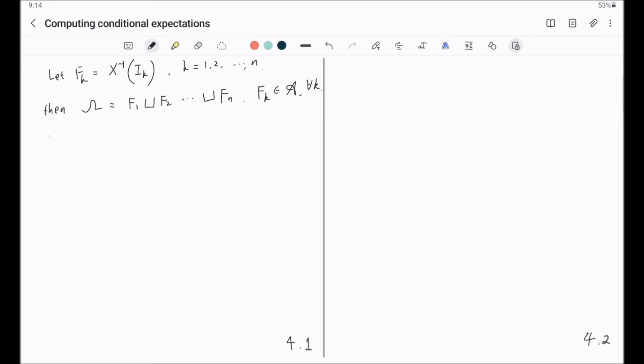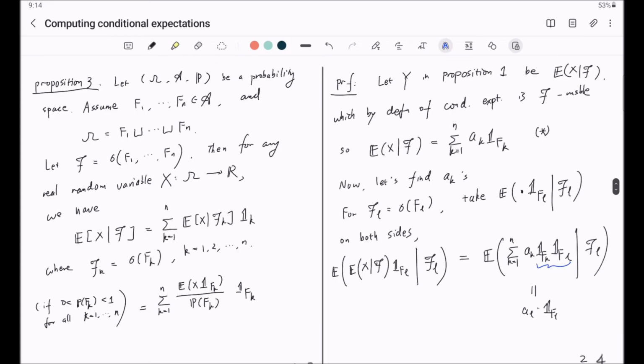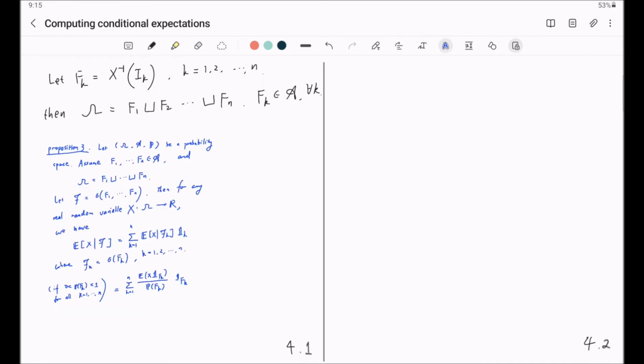So now you can see how we're going to apply proposition number 3 in here.